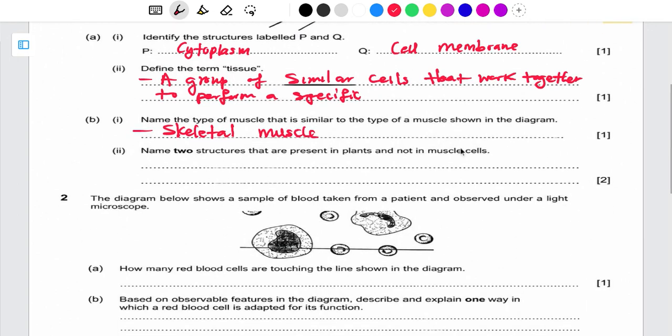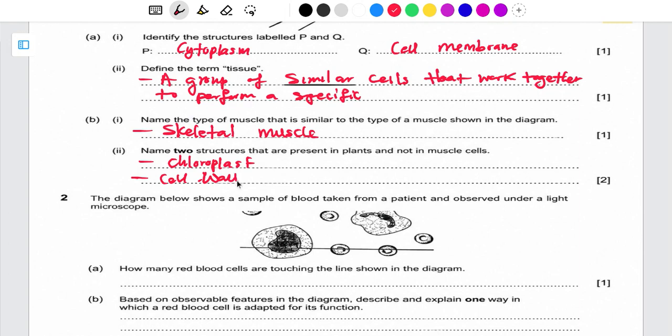For Roman numeral 2, it is asking us to name two structures that are present in plants and not in animal cells. Number 1, we can talk of chloroplast or chlorophyll if you want. Then I can also talk about the cell wall. Why are we not including the vacuole?